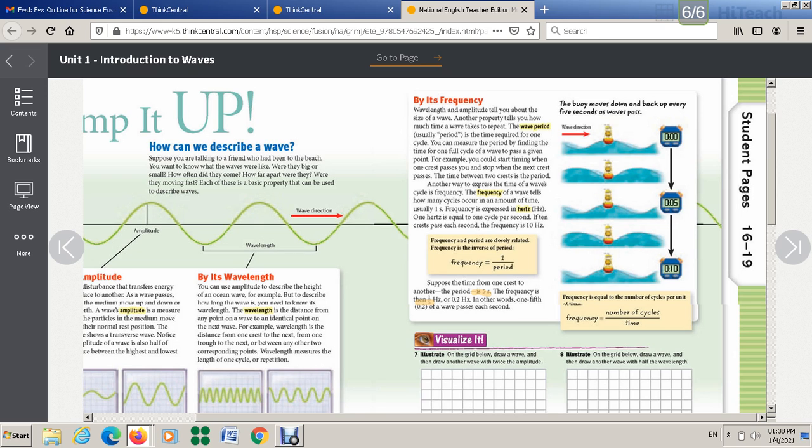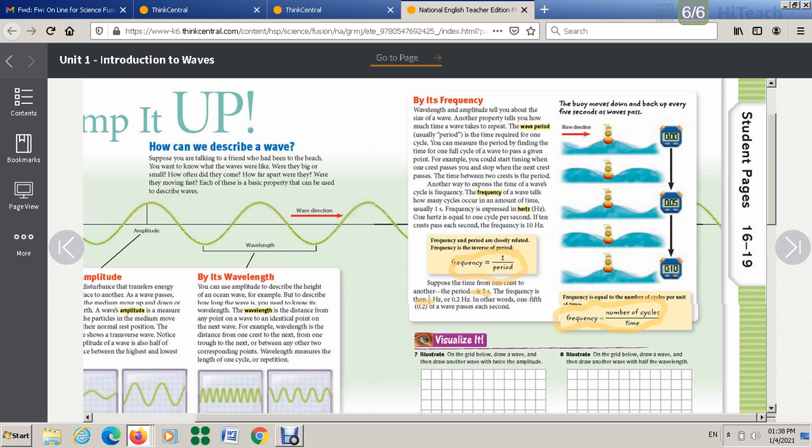In other words, 0.2 of a wave passes each second. So this is how to use this formula. This equation is very important, how to apply it and how to solve the questions given.